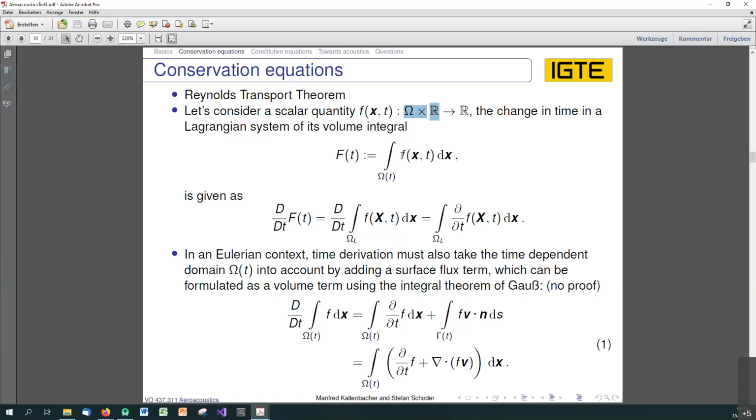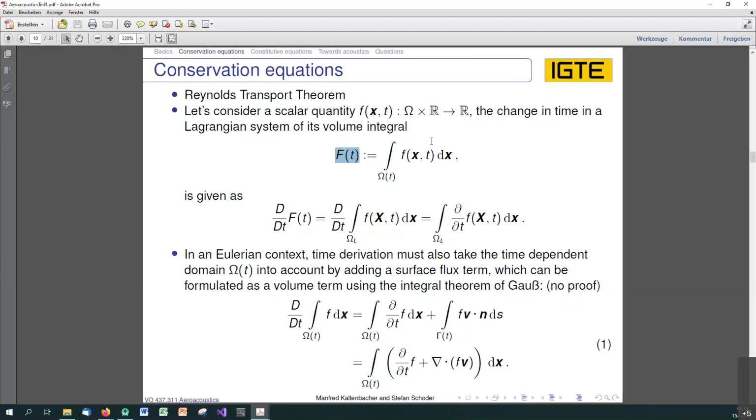So here we have the scalar quantity, which maps the spatial coordinate and the time to just a mass. This is now very abstract, but we will get to the mass conservation within a minute.